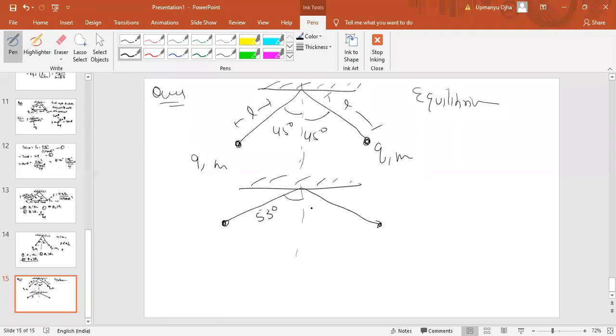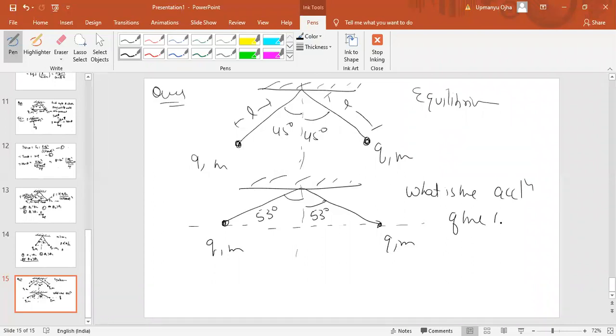The charges are Q and M, Q and M. When we release the balls from this condition, what is the acceleration of the ball? We have to find the acceleration of the ball when we release it from 53 degrees from the vertical.